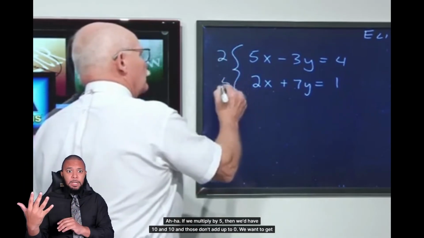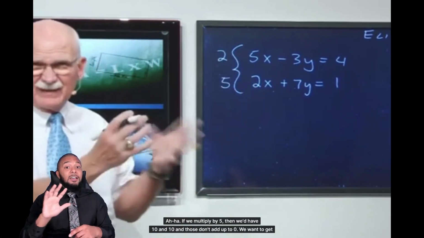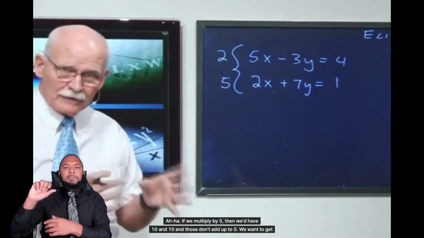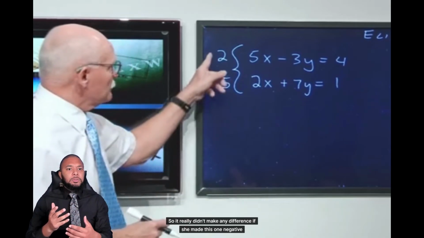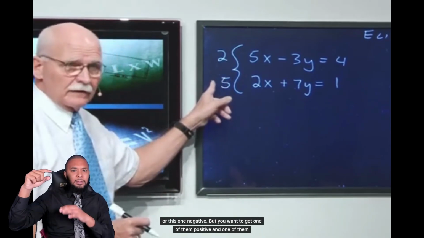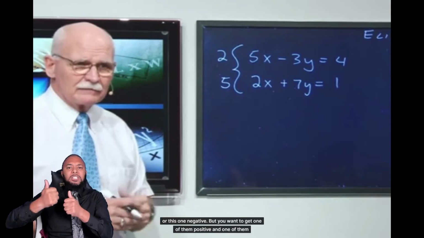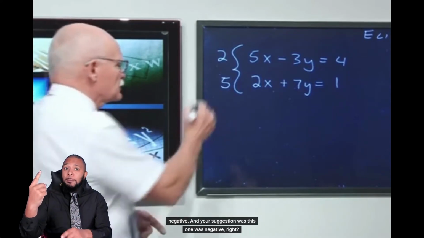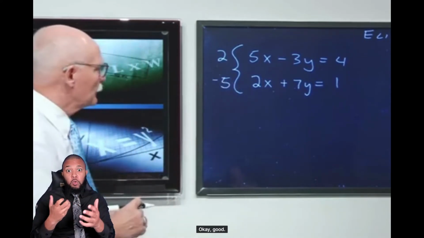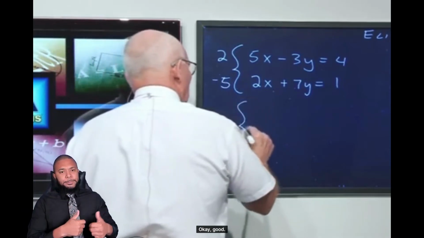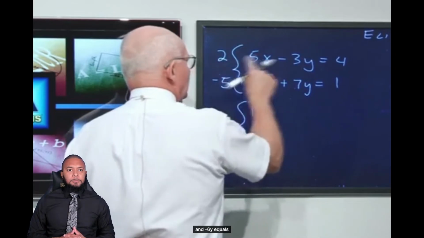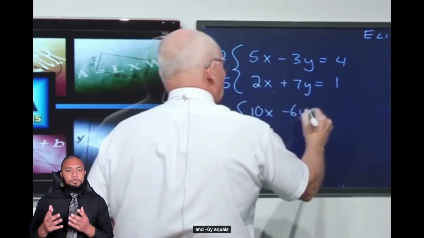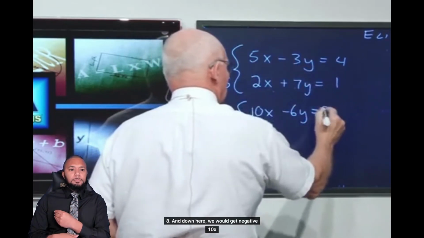Aha. If we multiplied by 5, then we'd have 10 and 10, and those don't add up to 0. We want to get two numbers that add up to 0. So it really didn't make any difference if she made this one negative or this one negative. But you want to get one of them positive and one of them negative. And your suggestion was this one was negative, I think, right? Okay, good. So we would get 10x and negative 6y equals 8.